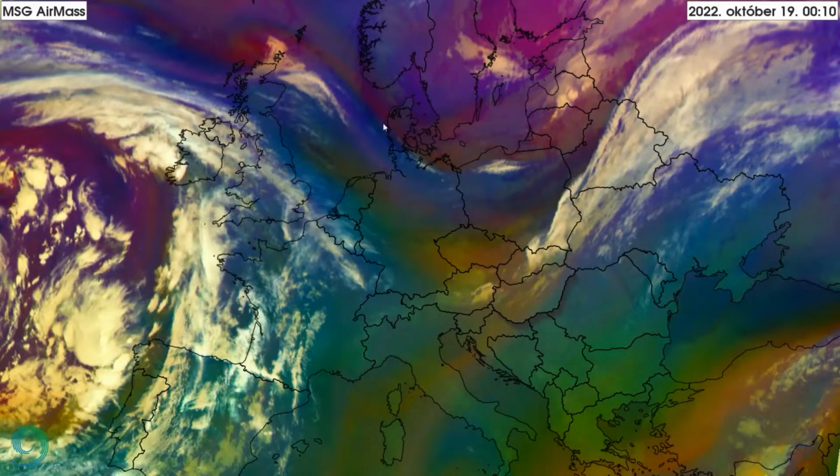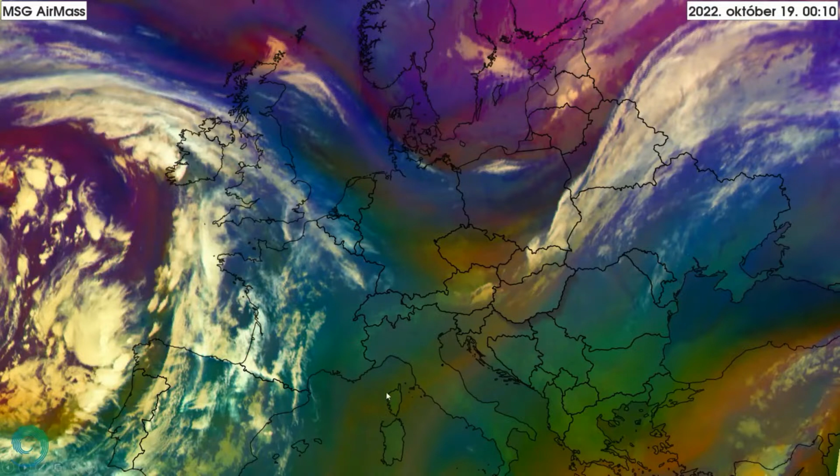You can see it here. And you can see the tropical warm air here as well. So the dry stratospheric air will move to the southeast and bring some cold air to the east part of Europe.